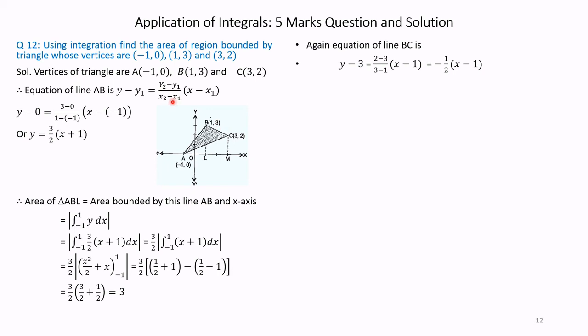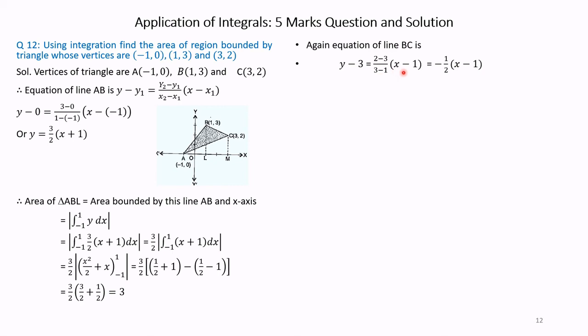That is this equation: y minus y1 is equal to (y2 minus y1) divided by (x2 minus x1) into (x minus x1). So here the value of y1 is 3 and y2 is 2. Therefore, the equation becomes y minus 3 is equal to (2 minus 3) divided by (3 minus 1) into (x minus 1).